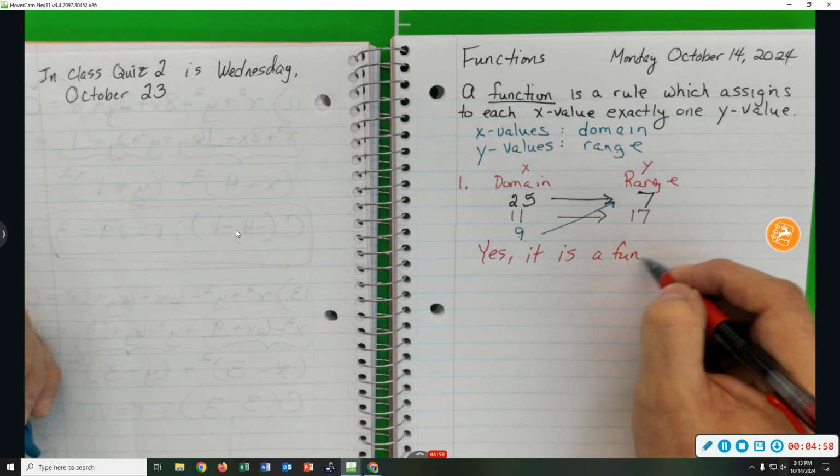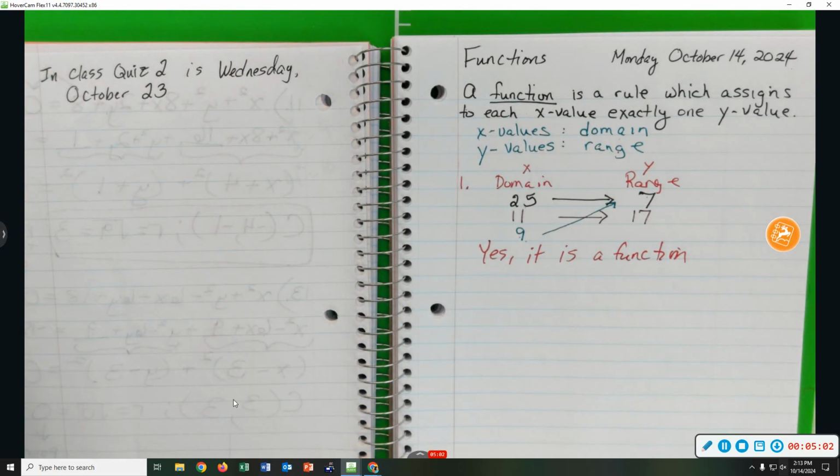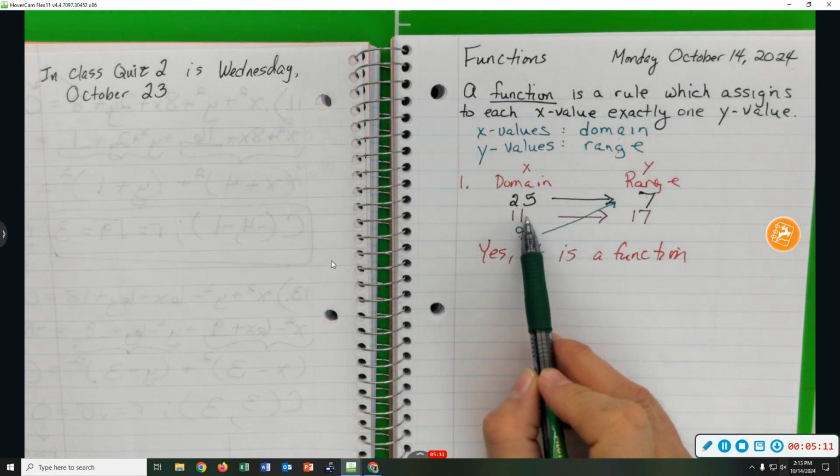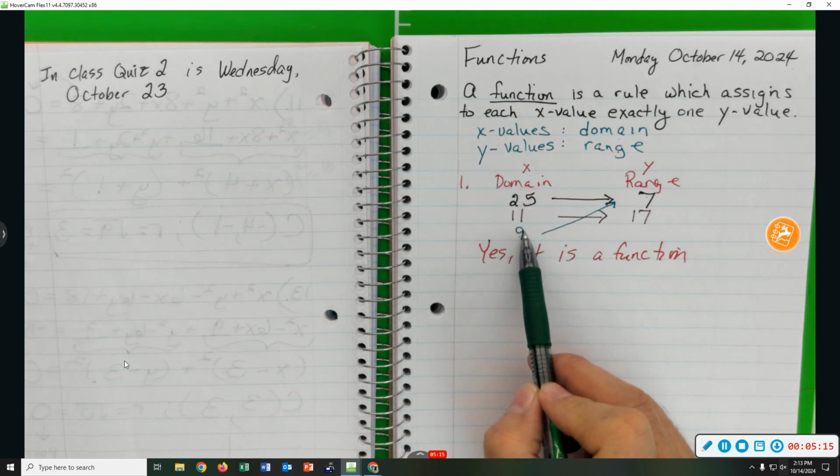The natural question to ask, what are you asking yourselves? Probably, well, when would it not be a function? Well, if there were two arrows coming out of any one of these x values, then it would not be a function.